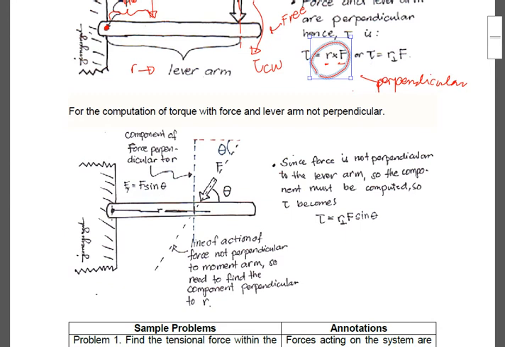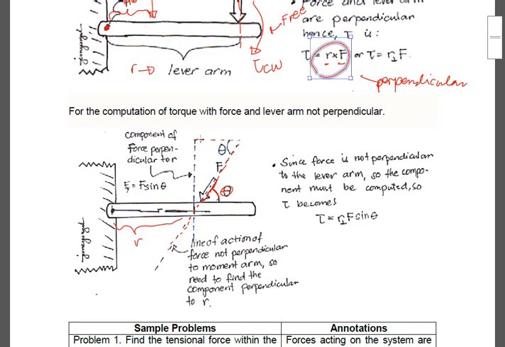In this second illustration, the force and the moment arm are not perpendicular. So in that case, we have to decompose the force, or take the component of the force that is perpendicular to the moment arm. This is the moment arm, basically our r, and you have here the direction of the force. The force is at a certain angle theta, meaning they are not really perpendicular.